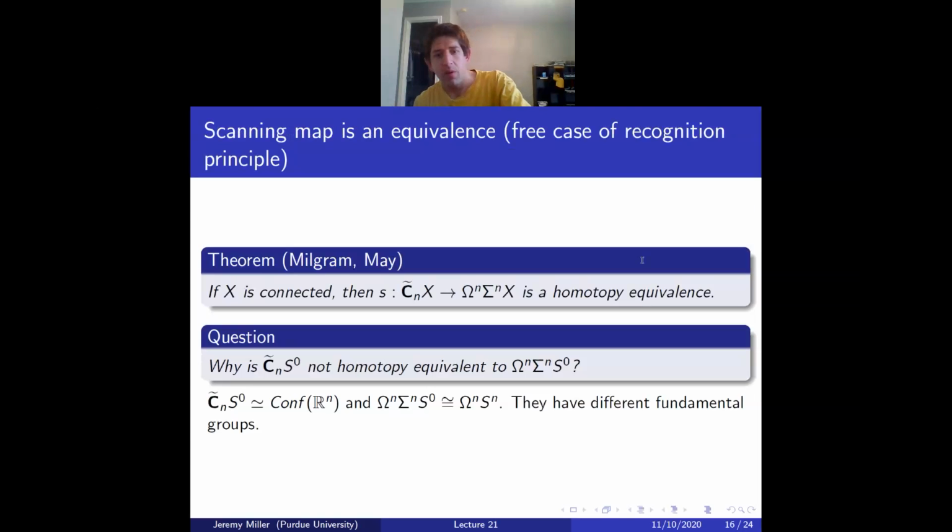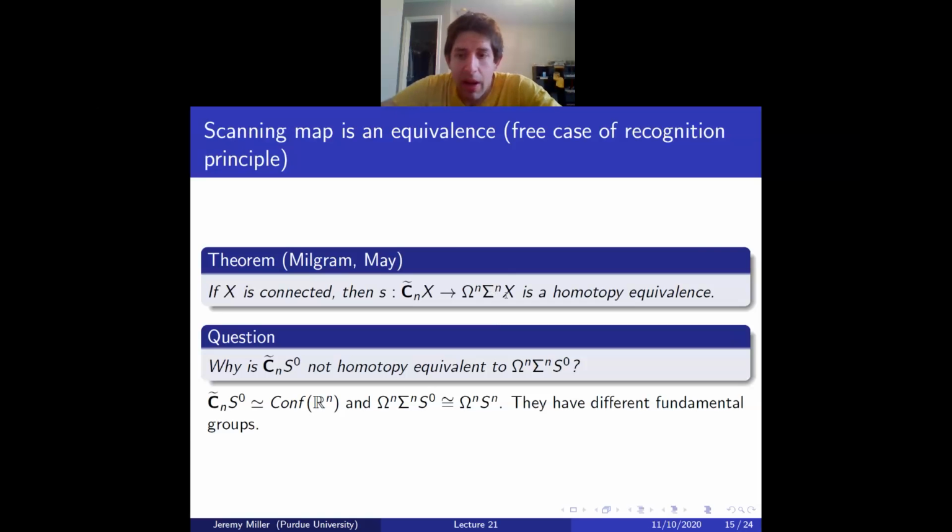Okay, so basically this result says if you have a free algebra, then X being connected is equivalent to this cube space being connected. So if you have a connected algebra, then it's homotopy equivalent to a loop space of something.